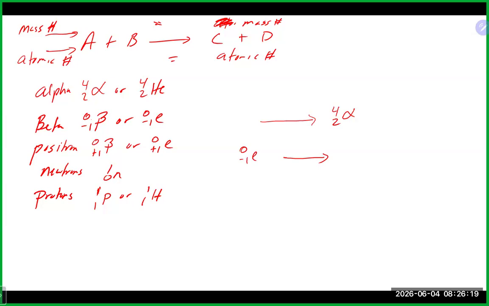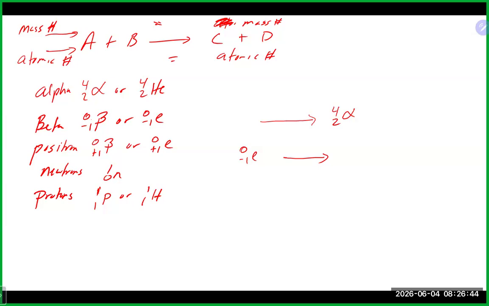Also, if you bombard something with neutrons, that also means the neutron should end up on the reactant side. So either an electron capture or some type of bombardment will have those particles on the reactant side of the arrow. Any type of emission or decay process, those particles will end up on the product side.